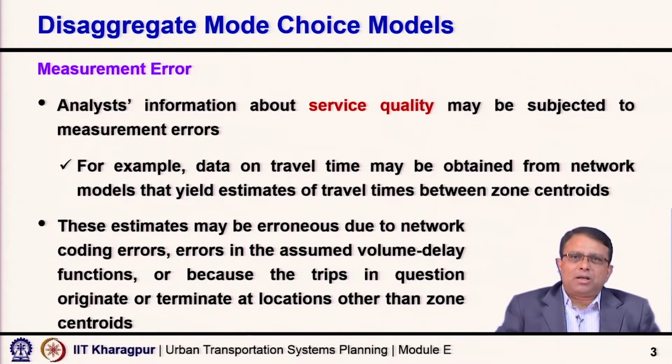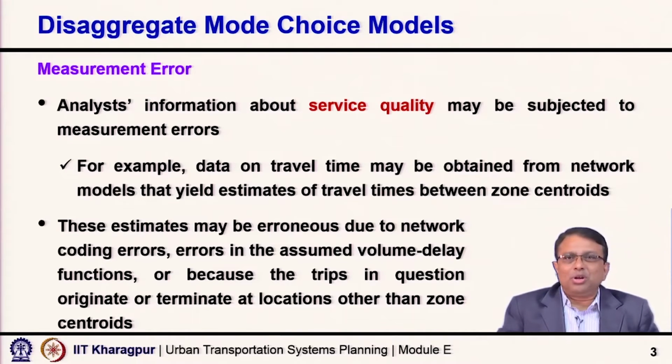but the question is, because of this measurement error, the reality and whatever is given as input to the model may be different. So, the actual choice and the model choice will also be different.